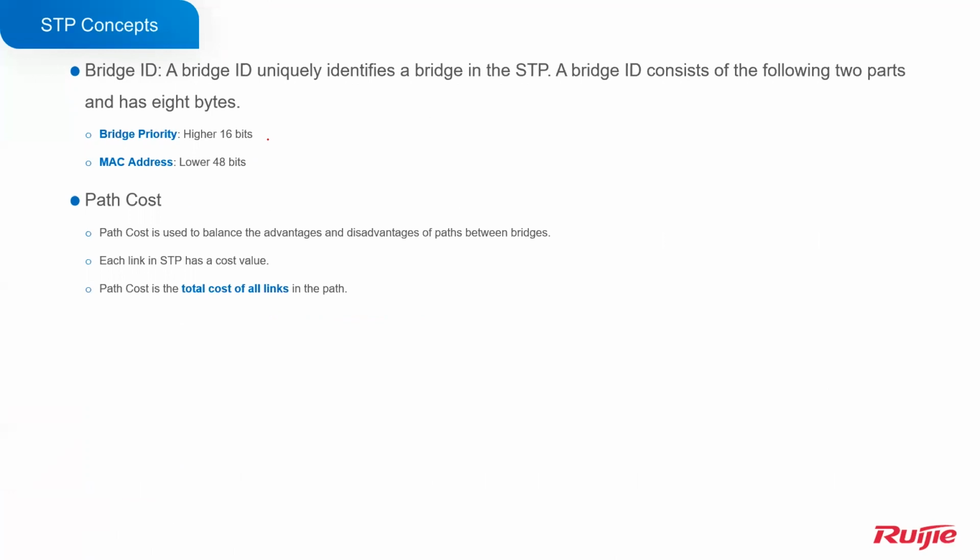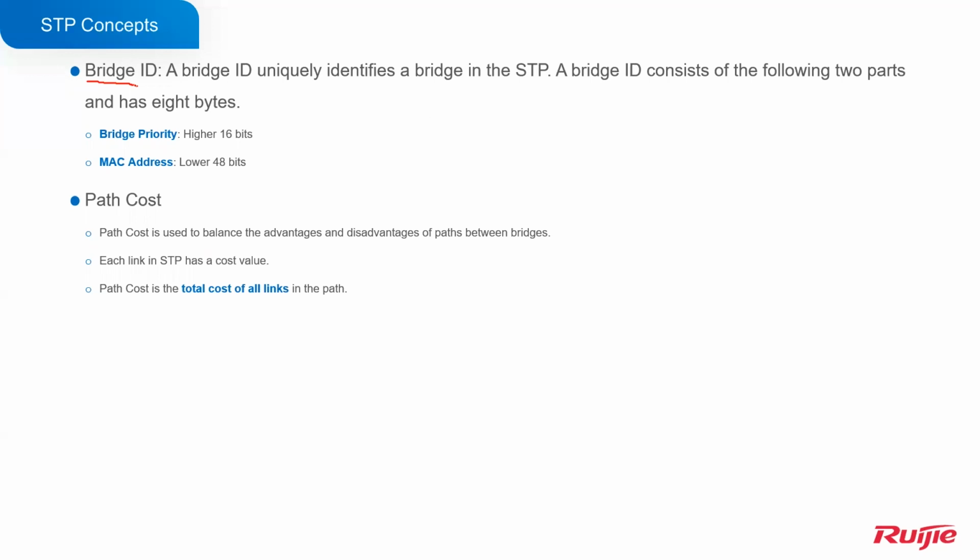First is the bridge ID. Before we introduce the bridge ID, firstly you should know what a bridge is. The bridge we mention in STP, you can think of it as just the switch. So the bridge ID is just the ID of the switch. A bridge ID uniquely identifies a bridge in the STP.